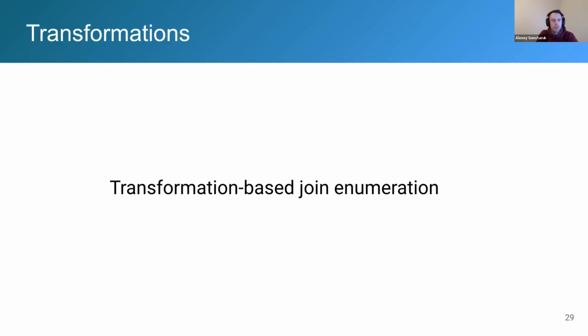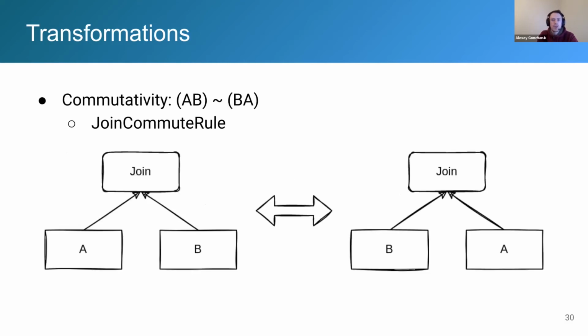Now, without multi-joins, how does Calcite do the ordering? If we put the multi-join aside, we have different transformations that are available according to join properties.